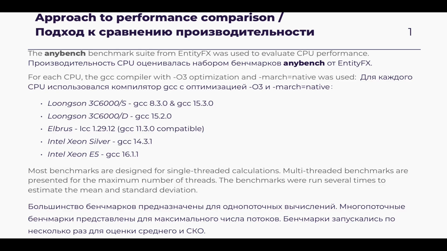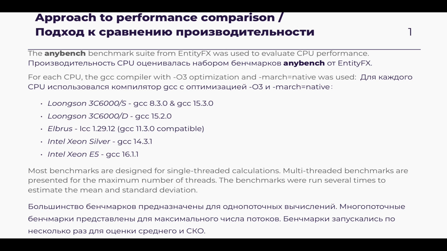You can see the GCC versions for each processor. For Loongson 3C6000S, we use two GCCs: first, GCC 8.3 from LoongNix, and GCC 15.3 from AOSC.